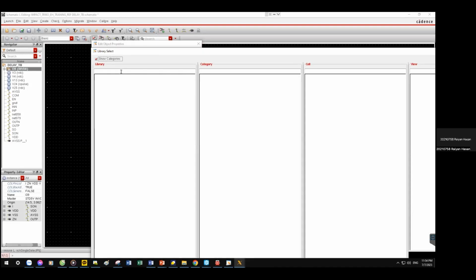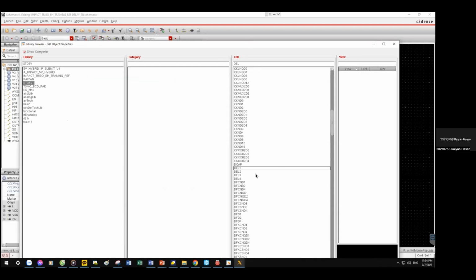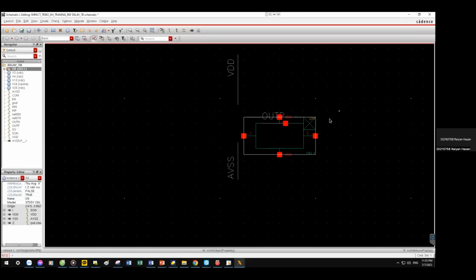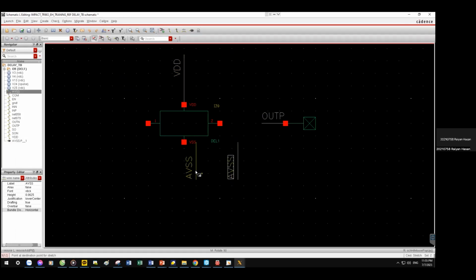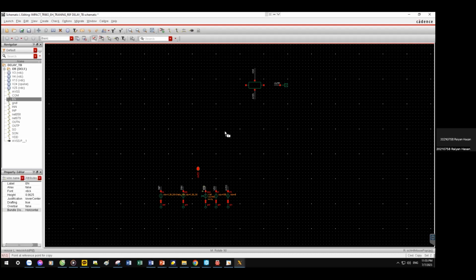You can make a test bench to test the delay in here. Enable delay.